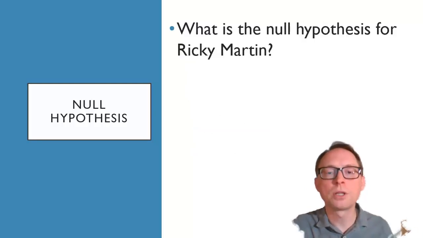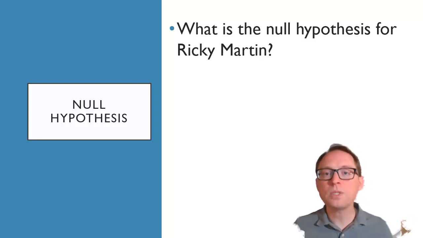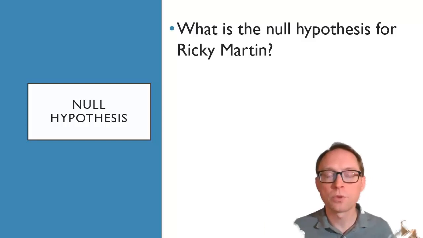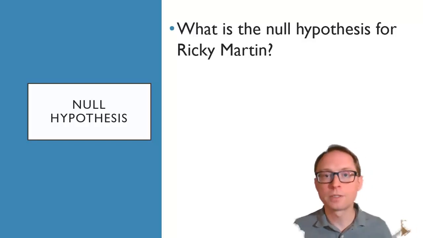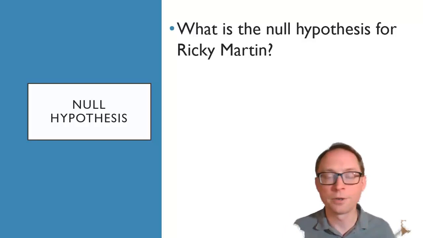So let's do a little test here. What's the null hypothesis for Ricky Martin? Remember, the alternative hypothesis was that Ricky Martin's talent led to a longer tenure in Menudo. So what is the null hypothesis? The null hypothesis is that Ricky Martin's talent had nothing to do with his tenure in Menudo.